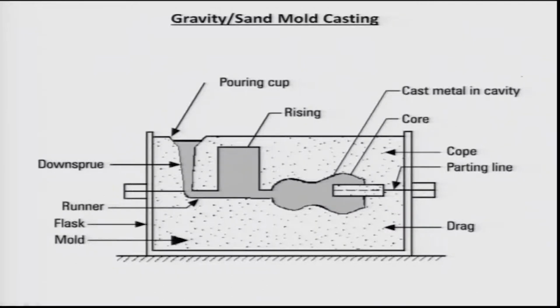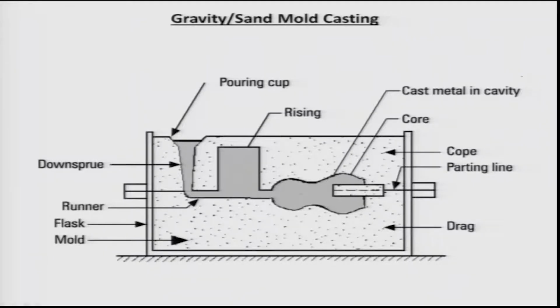So to pour the liquid metal, it can be a pure metal, it can be an alloy. Normally it is an alloy. We need to have a system through which the metal will be poured and transported to the cavity. As you see here, this is the cavity and this is the pouring cup, and the metal poured here slowly travels to this and reaches the cavity.